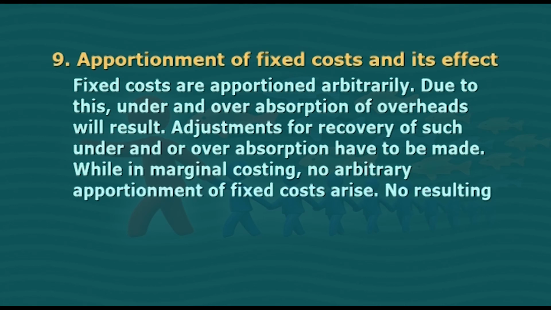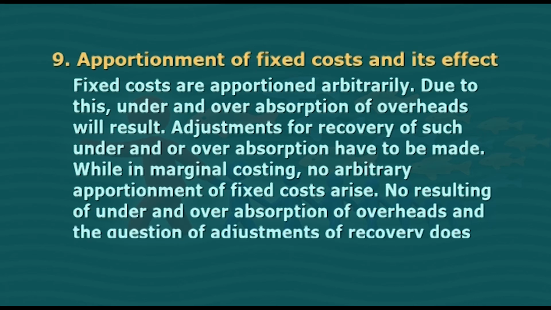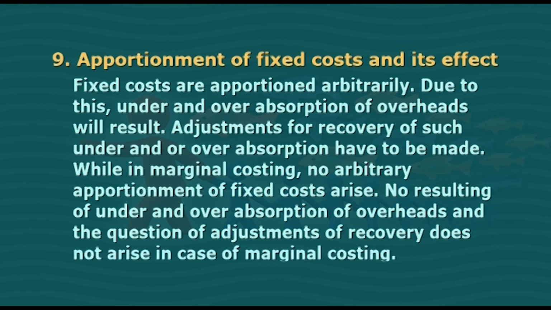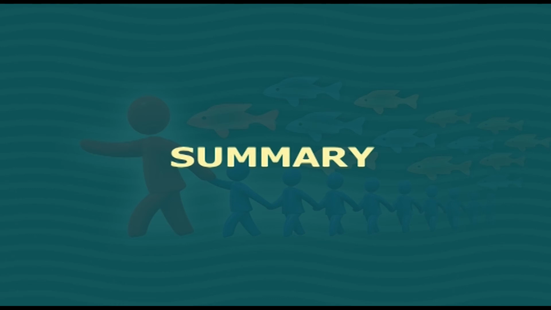While in marginal costing, no arbitrary apportionment of fixed cost arises. There is no resulting under and over absorption of overheads, and the question of adjustments of recovery does not arise in case of marginal costing. Now, let me summarize the session.